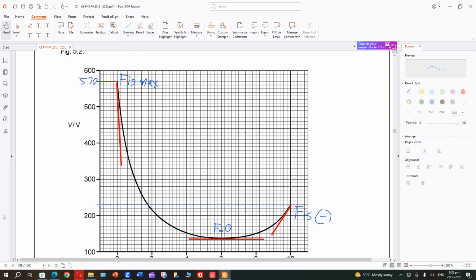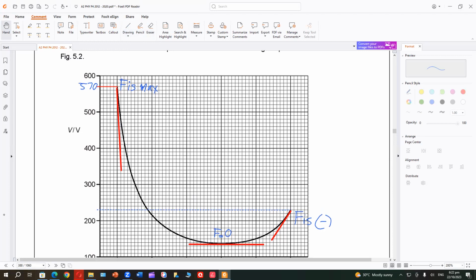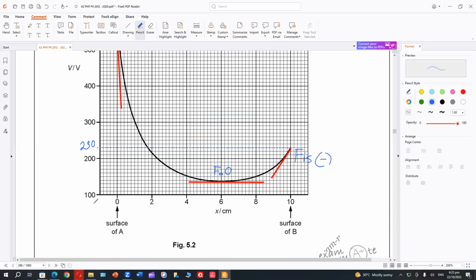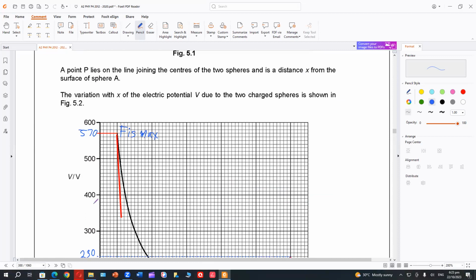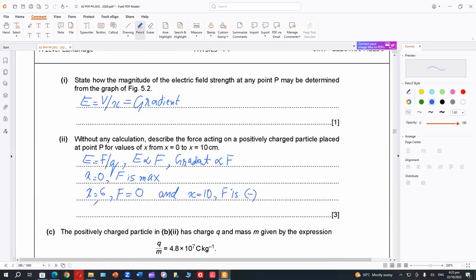So it looks to me like 230, perhaps. So find the delta V. 230 and 570.